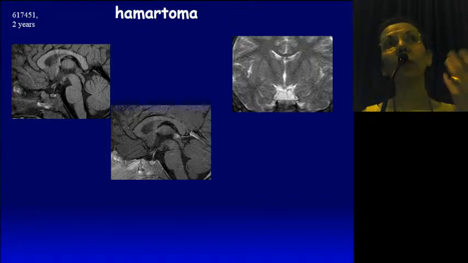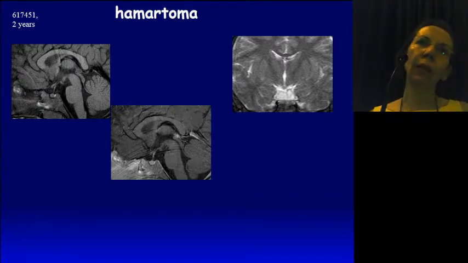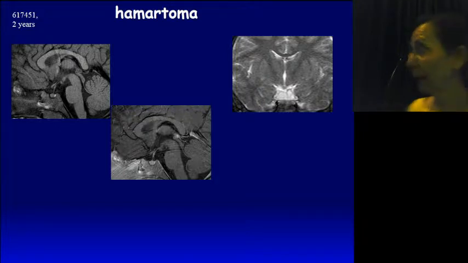What we do in Europe is just to treat the precocious puberty and leave the tumor there. We don't touch him. But it is very important to give the diagnosis that this precocious puberty is not idiopathic, it is secondary to a certain lesion. And this is a very small hamartoma, okay?